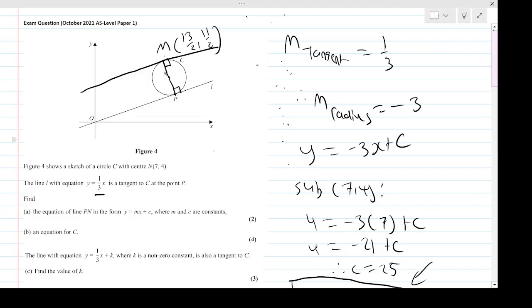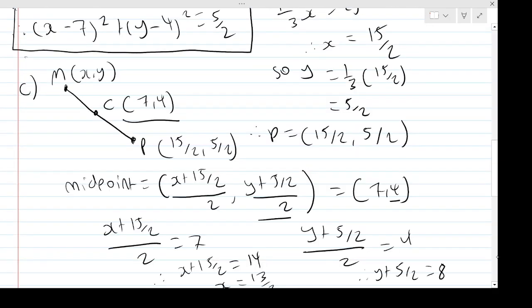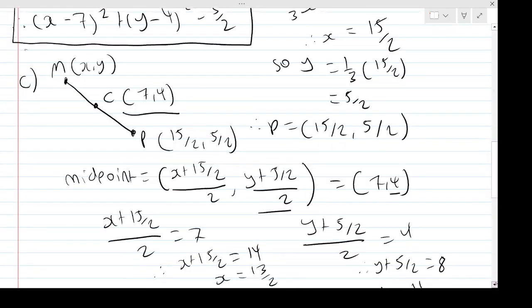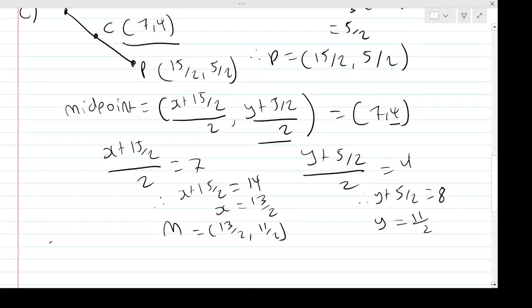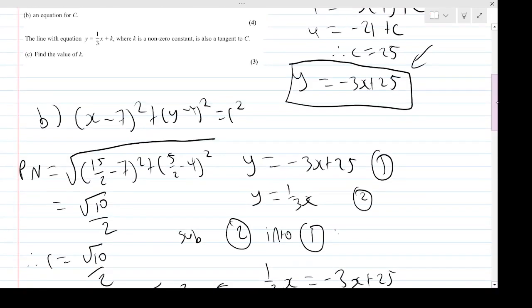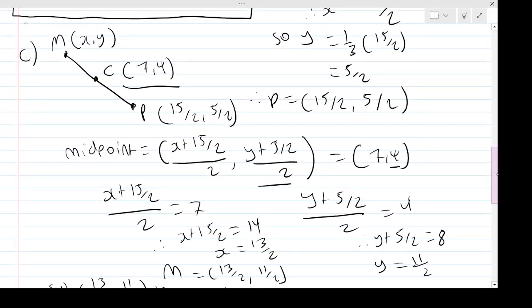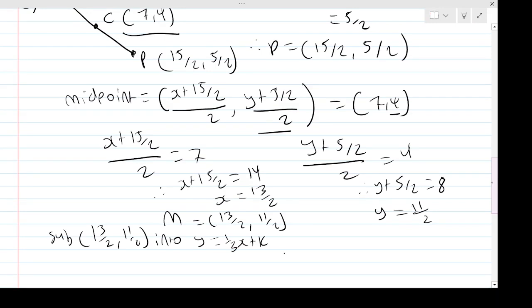Well, now I know a point on the line, and I know the line is this, so I could substitute that point into the line. Hang on. So I'm going to sub (13/2, 11/2) into y equals a third x plus k, right? So I get 11/2 equals a third of 13/2, plus k.